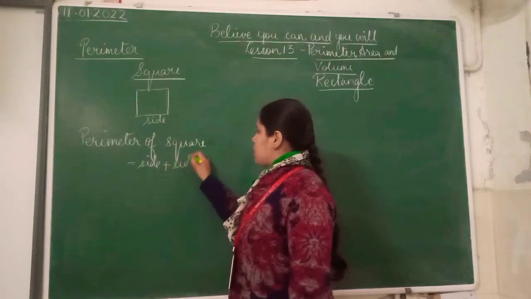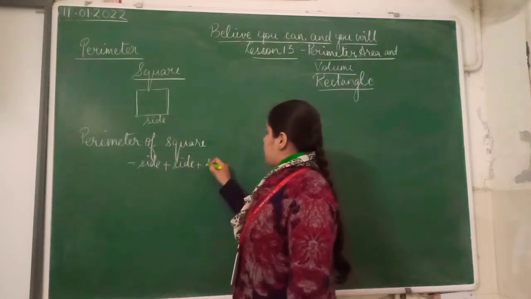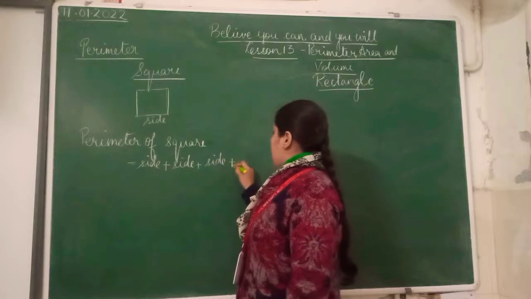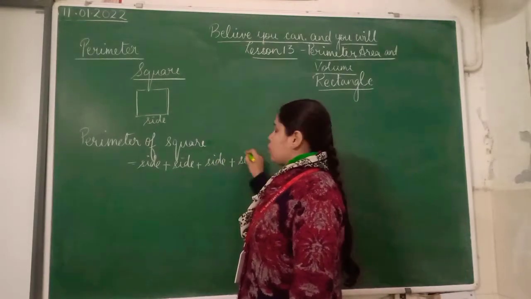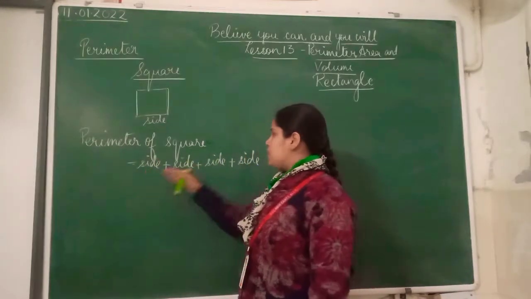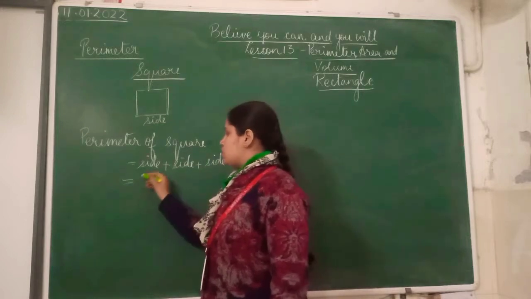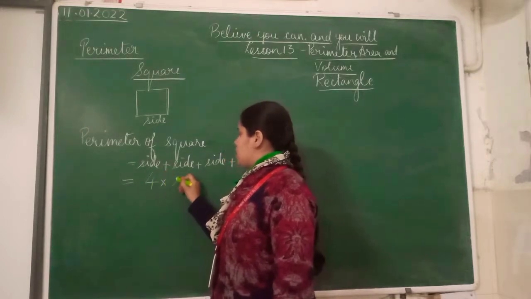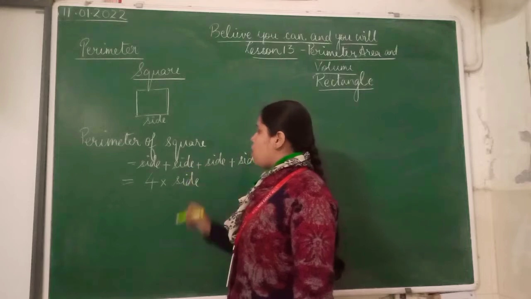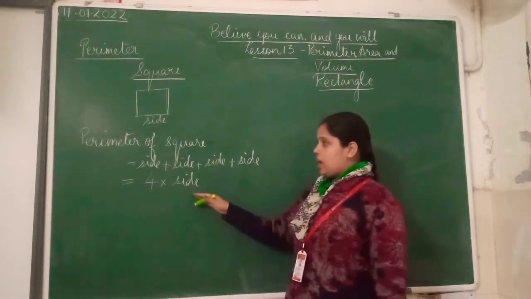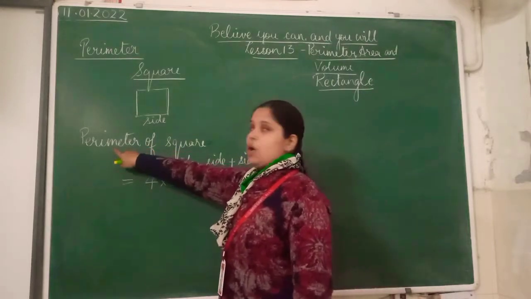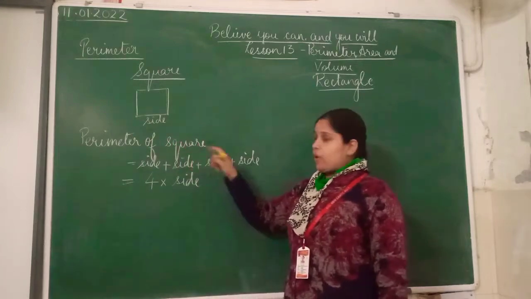Side plus side plus side and plus side. So here we are adding side 4 times. So this is 4 into side. So this is how we get the formula to find out the perimeter of square.